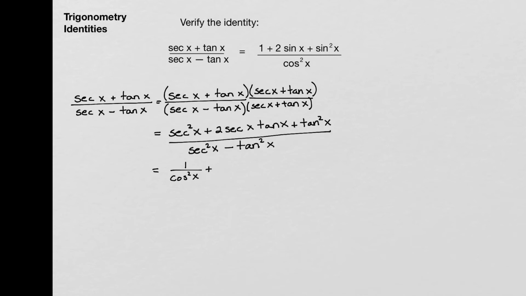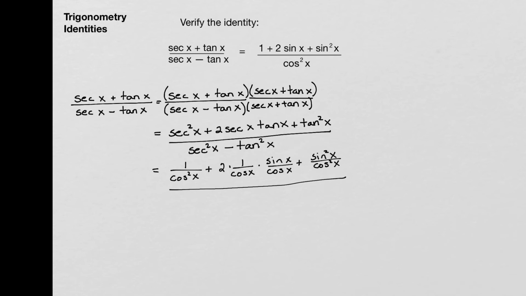Plus 2 secant x tangent x, so that would be 2 times 1 over cosine x times sine x over cosine x. And then plus tangent squared x, which is sine squared x over cosine squared x. So that's just the numerator.